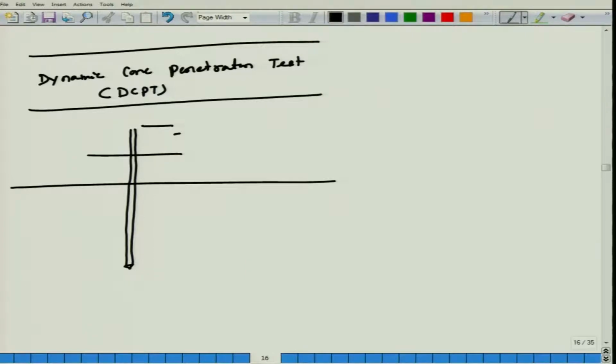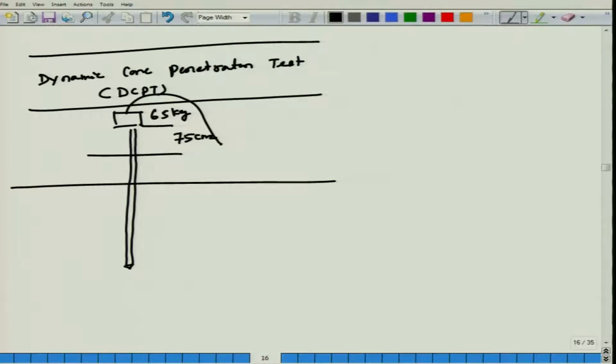The way you do it for SPT, a 65 kg hammer free falls from a height of 75 centimeter. You measure the penetration for every 30 centimeter.